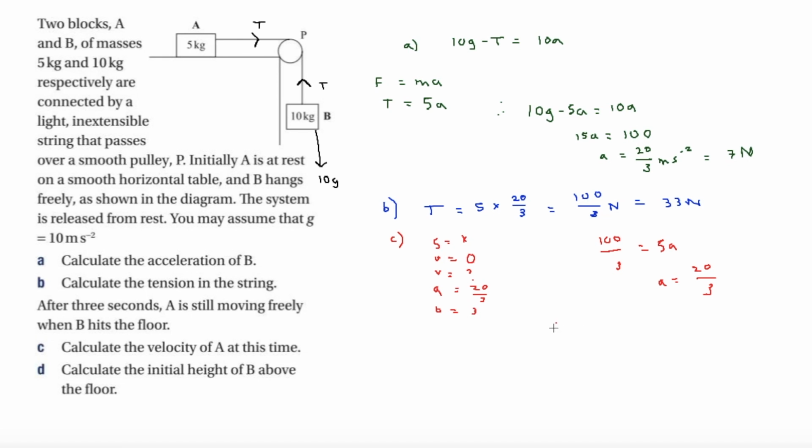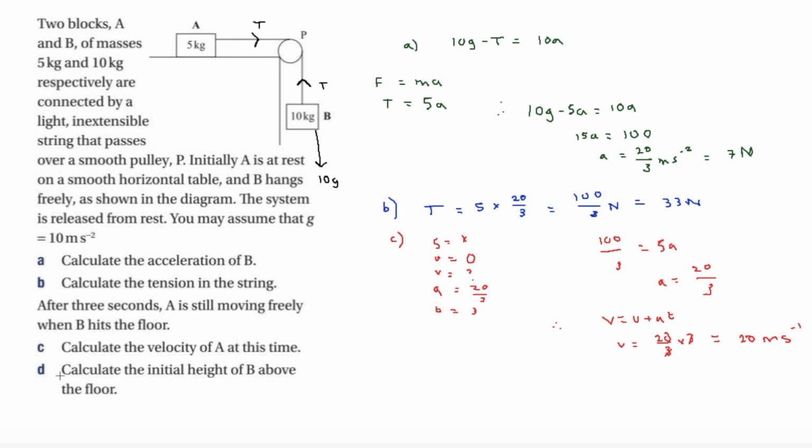So now we have all of our values, so we can put that into V is equal to U plus AT. So therefore V, that's what we're trying to find out, U is 0, then A times T is going to be 20 over 3 times 3. Those 3's are just going to cancel out, so that's going to be equal to 20 meters per second.